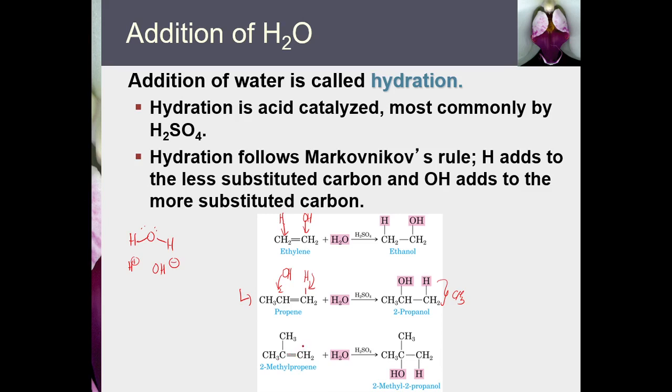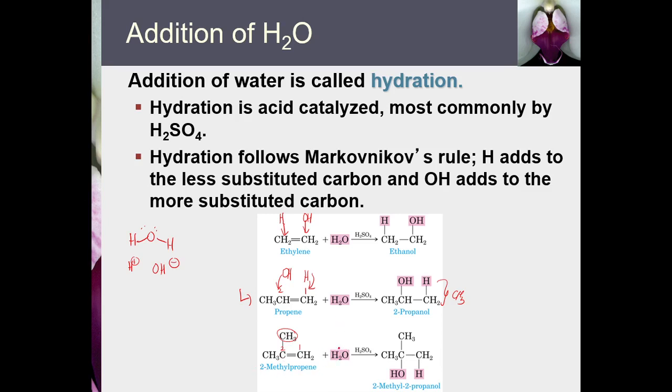As we said, you start the numbering from the end that is closer to the double bond. So we have here 1 and then 2. The double bond is between carbon 2 and 1. And the methyl group is attached at carbon position number 2. So that's why the name is 2-methylpropene.